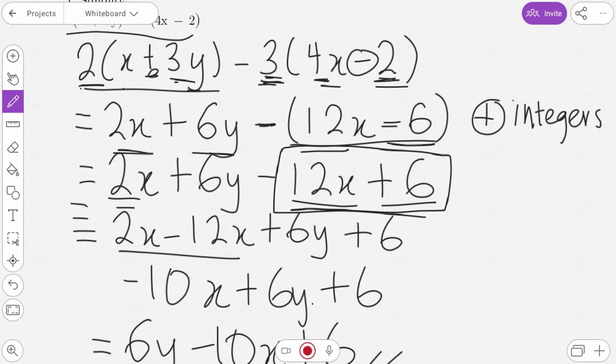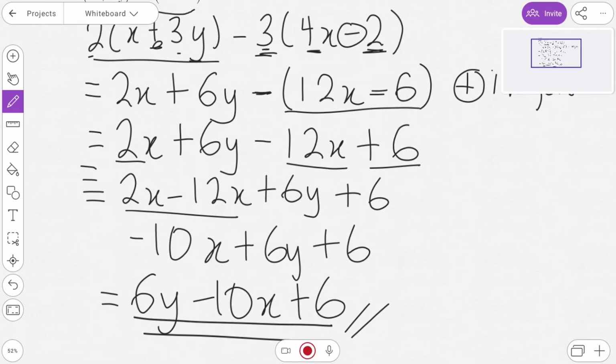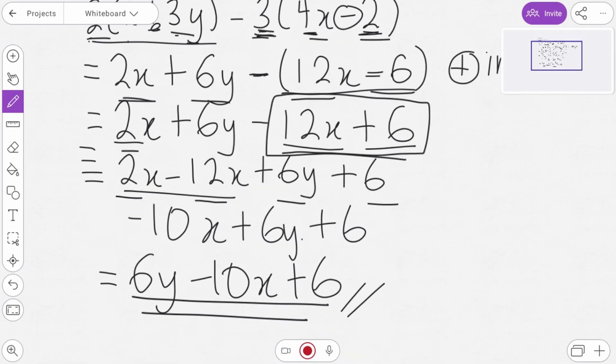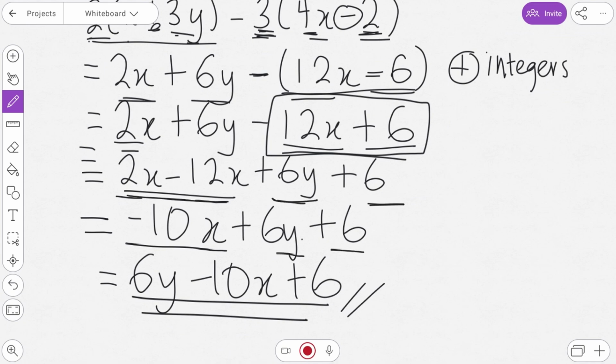Now we group like terms, and we came to a conclusion that this question has a final answer of negative 10x plus 6y plus 6. And when we rearrange it, that's when we got 6y minus 10x plus 6.